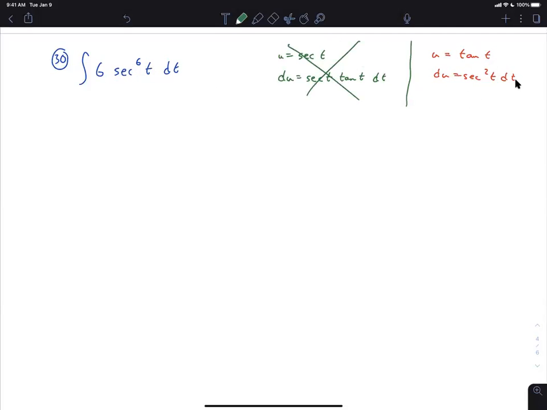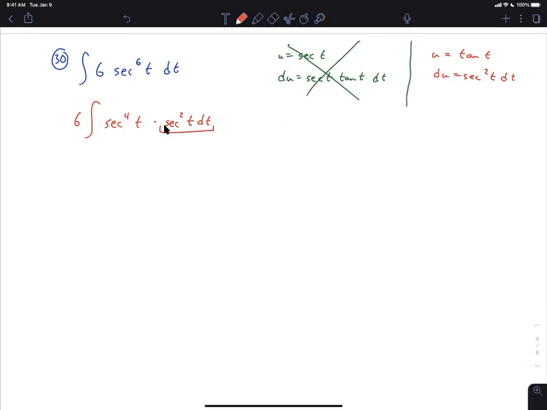Once I've separated out 2 of the 6 secants, I'm left with 4 secants, and because this is an even power, it's an easy expression to rewrite in terms of tangent. So this is the approach we want to take on this problem.